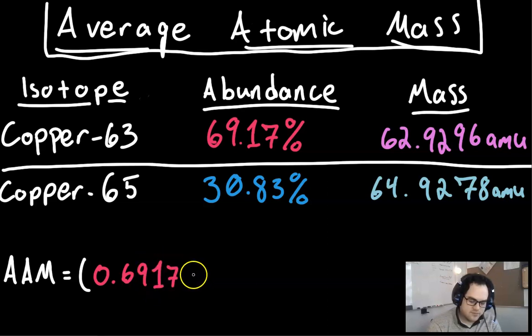0.6917 times, and then we multiply that abundance by the mass of that isotope.